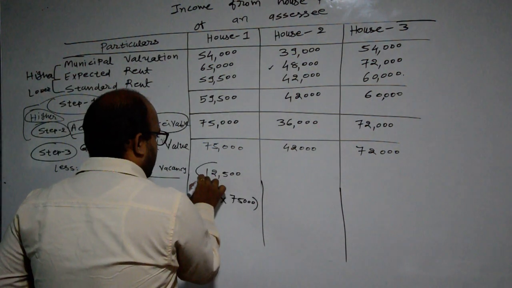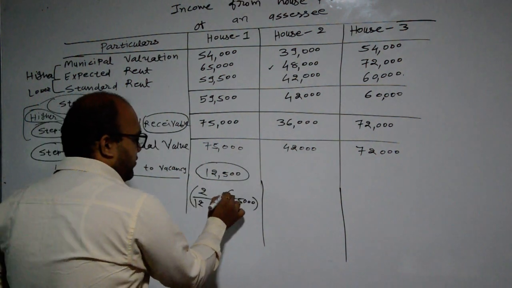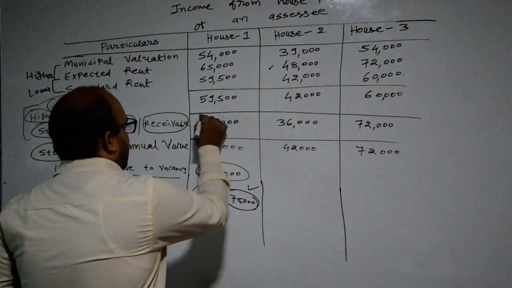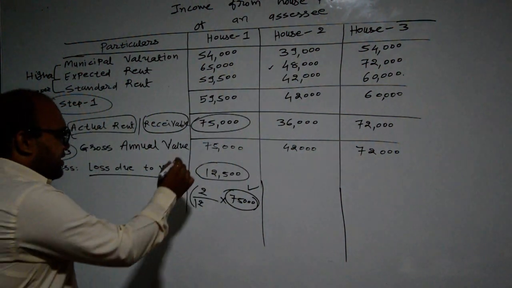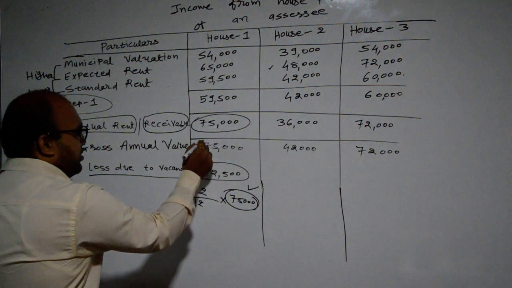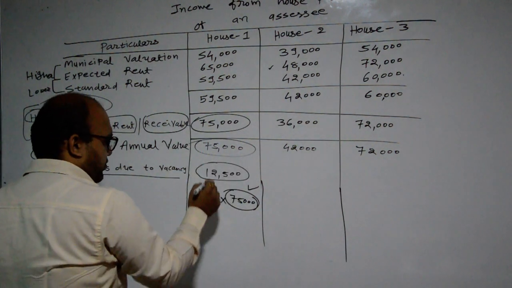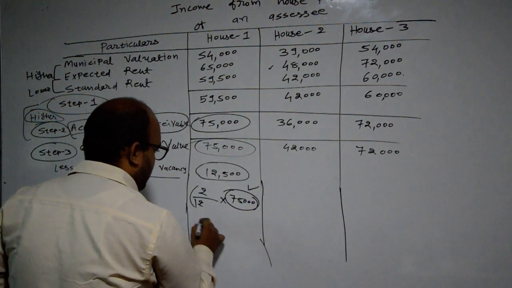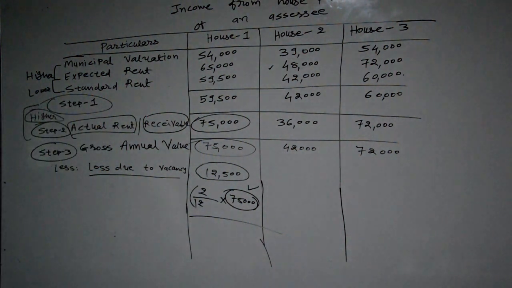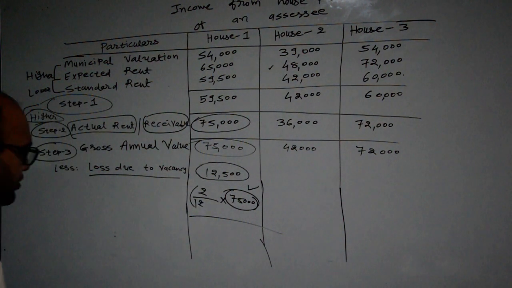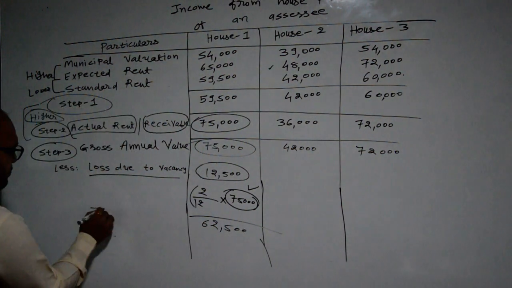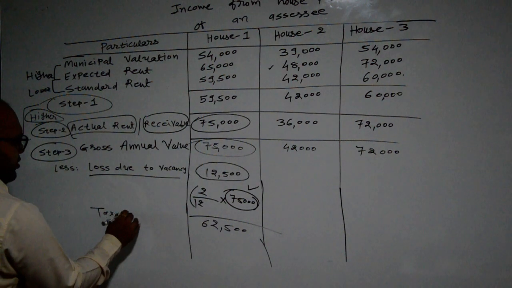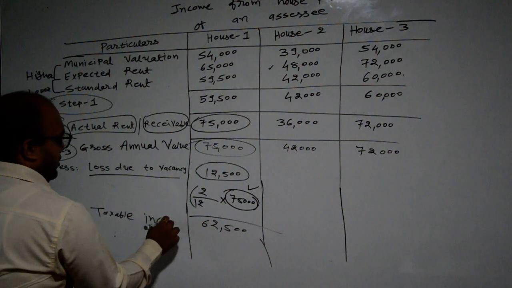So this vacancy will be calculated on the basis of actual rent received or receivable, and it will be deducted from gross annual value. So 75,000 minus 12,500, then it will be your taxable income.